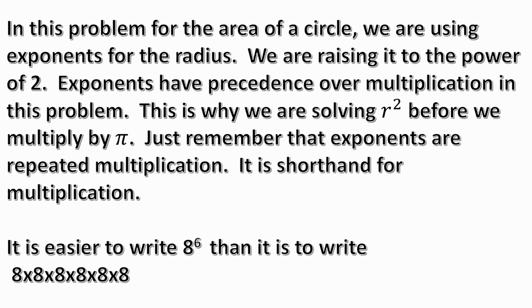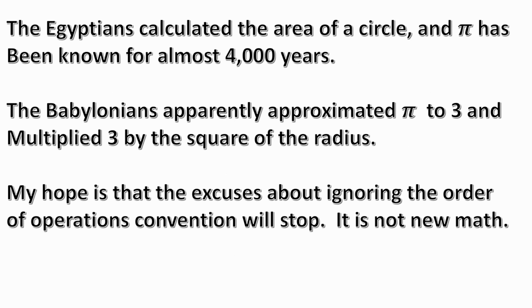It's a shorthand. You know, the Egyptians calculated the area of a circle. Pi's been known for almost 4,000 years. Babylonians, I think, approximated pi to about 3. They just used 3. And so they would multiply that by the square of the radius to approximate. My point is, my hope is that all the excuses about ignoring the order of operations convention will stop.